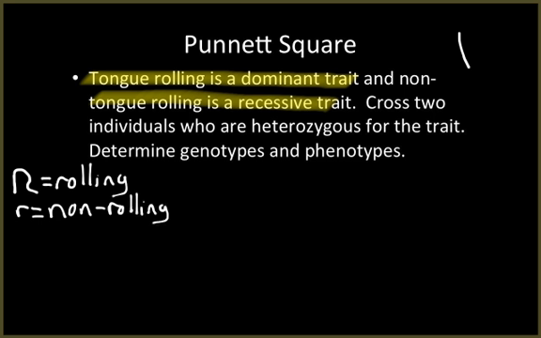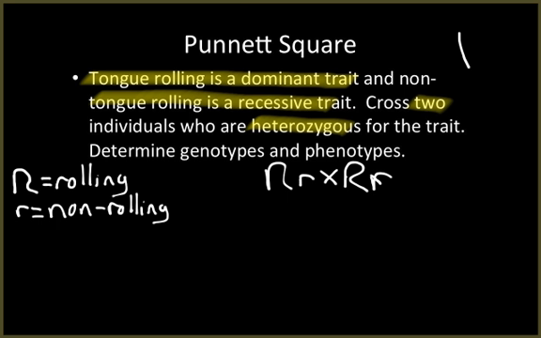All right. Now, let's take a look and see what else we have here. We've got two individuals who are heterozygous. If you remember, heterozygous means that you have one dominant allele and one recessive allele. So we're going to cross two individuals that are big R, little r, and big R, little r.